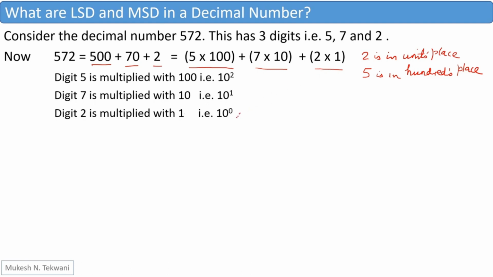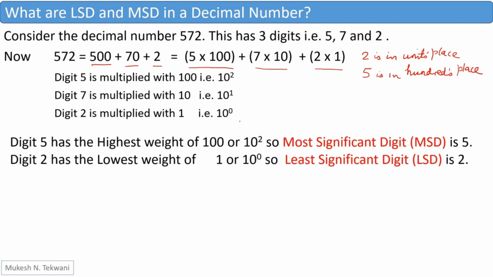and that 1 can be written as 10 raised to the power 0, since we know that any number raised to 0 is 1. Now 5 is multiplied with the highest weight here, and that is 100, and therefore we say that 5 is the most significant digit.